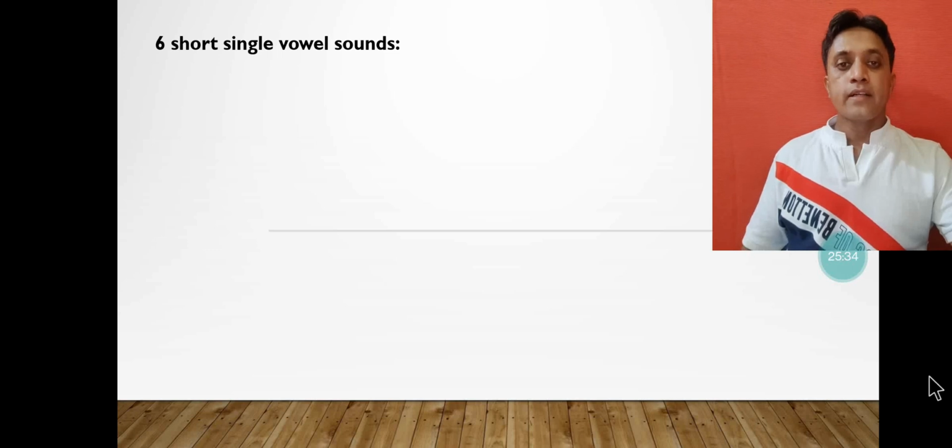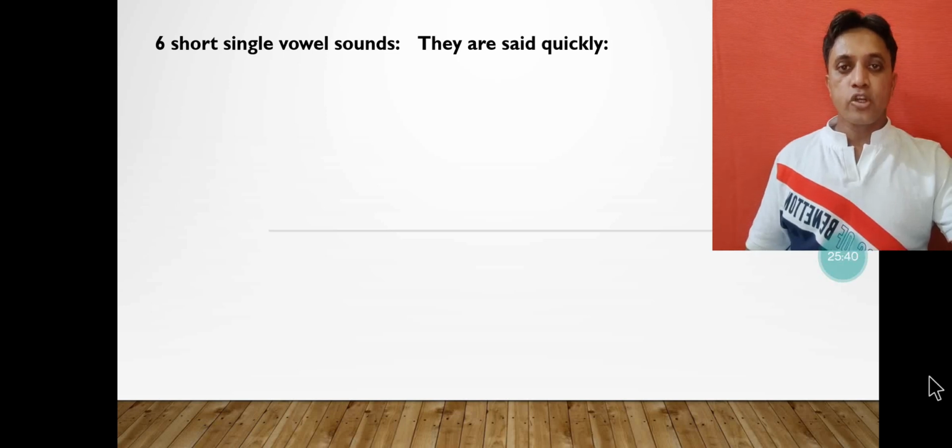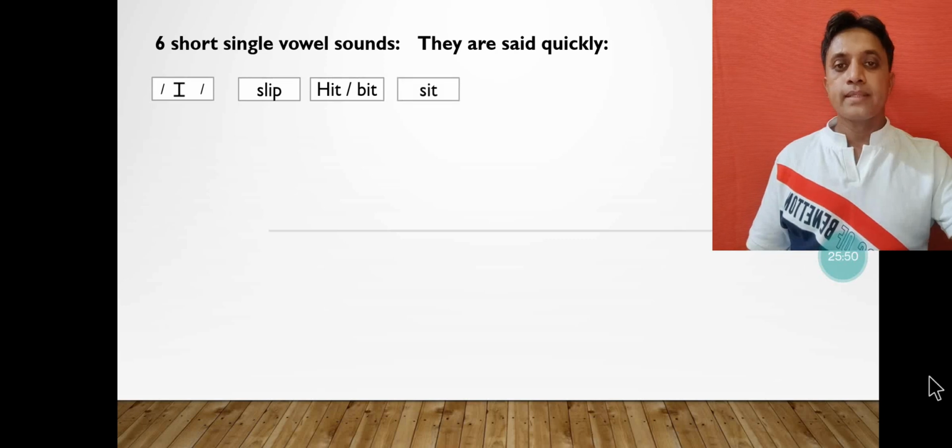Let's try the 6 short single vowel sounds to pronounce some words. They are said quickly. First is I, like slip, hit, bit, sit, it, think, wish.